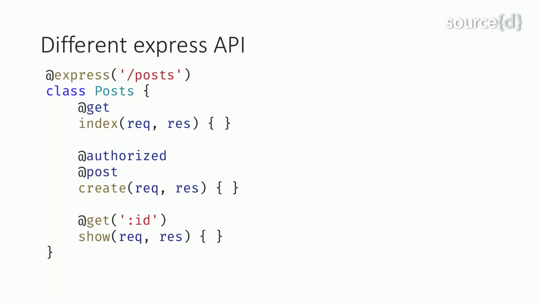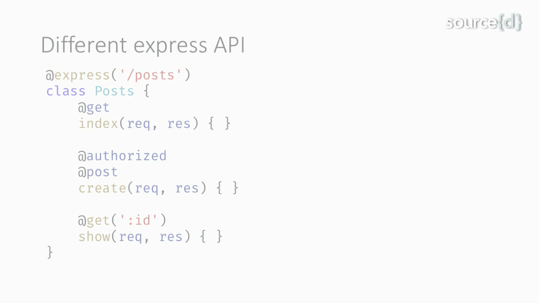But I like other examples, like we can get a different Express API, pretty much inspired by Flask in Python, where you just have a controller, and you define the methods, like get, post, or get with a path in a decorator. And you can even have middleware in Express as decorators. Let's say you have the typical authorized middleware, and you can define that in a decorator, and that's it.